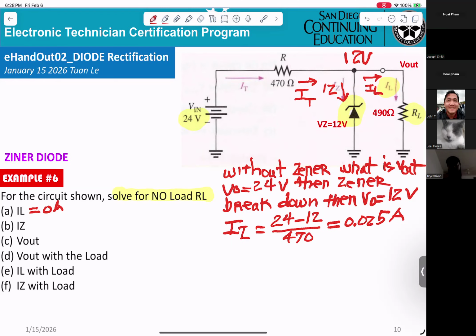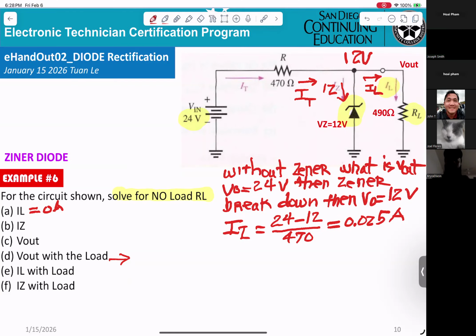And they want V out with the load. Now they connect the load in. So this is the 12 volt.